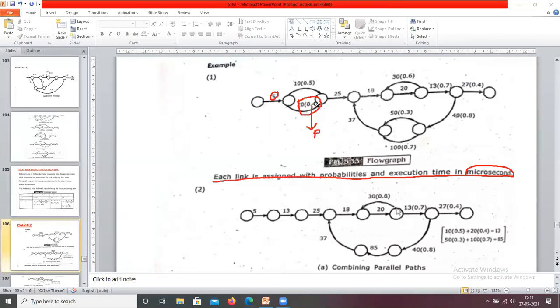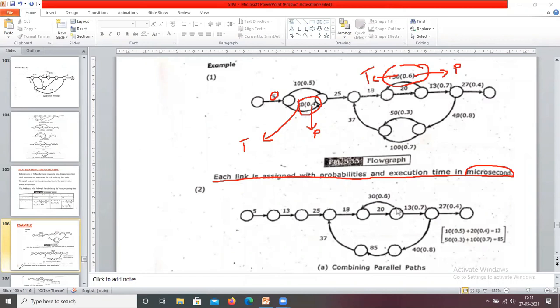So each link is associated with both probability and time. Here there is a branching, so 30 and 0.6, where 0.6 is the probability and 30 microseconds is the execution time.